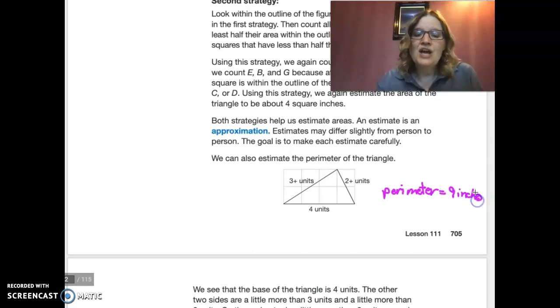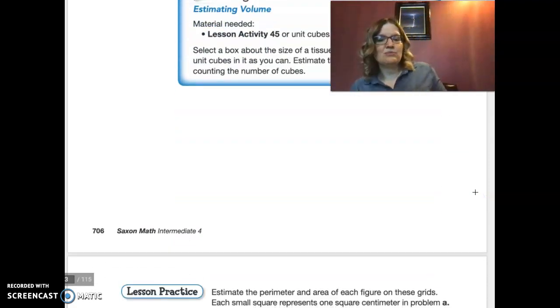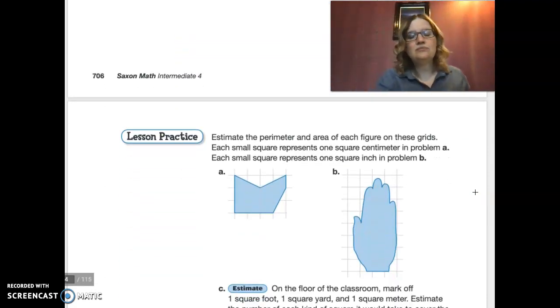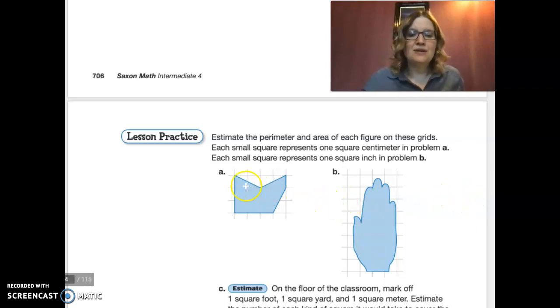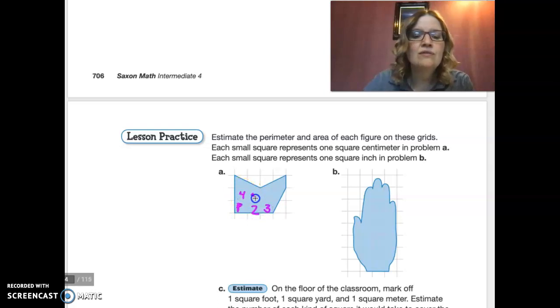Let's look at the lesson practice for this. The first one is in centimeters. They're representing this in centimeters. So they first want us to do the area. I'm looking at my whole squares. I've got 1, 2, 3, 4, 5, 6.